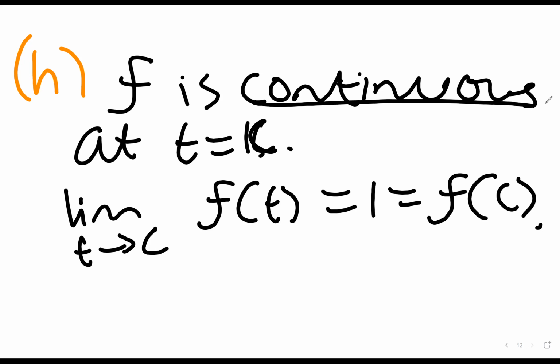Now let us consider part I. Suppose that f is continuous on the interval [0, 3], except at x equals 1. However, the value of the limit is 3.